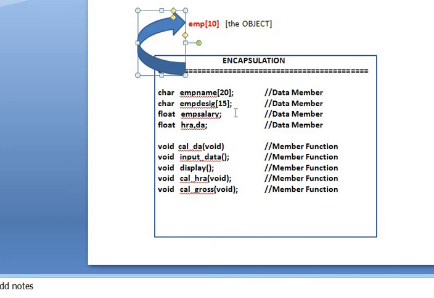Then these data members and the member functions shall operate upon this object, and this is an array of 10 objects. For each of these objects, the data members and member functions shall be encapsulated together into a single unit, tied to the object, and after that they shall operate upon each of these objects.